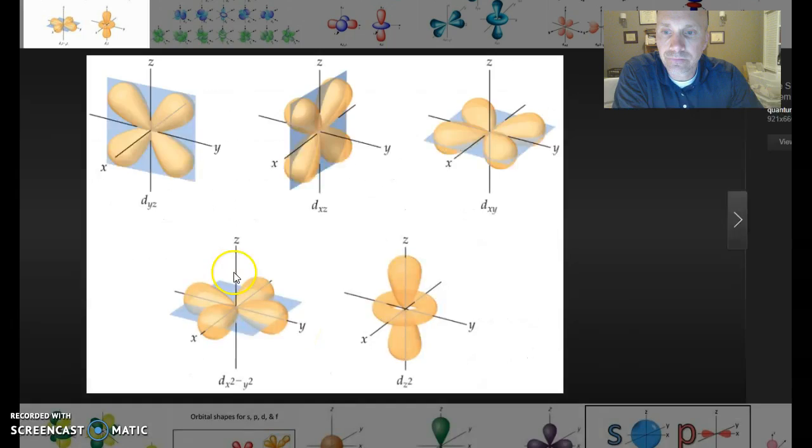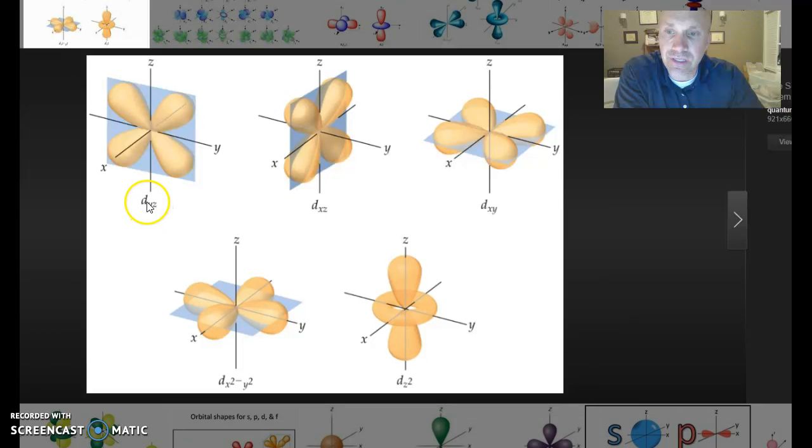So really quick, here are the shapes of those d orbitals. The way these are named, you have to have a coordinate plane as a reference point. If we have an x, y, z set of coordinates here, the names of these d orbitals are given here.